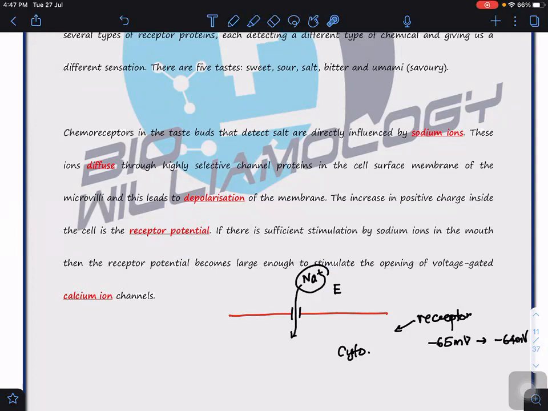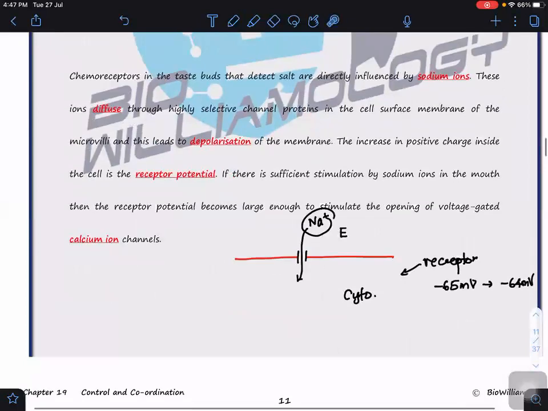So if there is sufficient stimulation by the sodium ions in the mouth, then the receptor potential is large enough to stimulate the opening of the voltage-gated calcium ion channel. This part is a little bit hard for you guys to imagine because we haven't done the synapse yet. But generally, we do have the voltage-gated calcium ion channel.